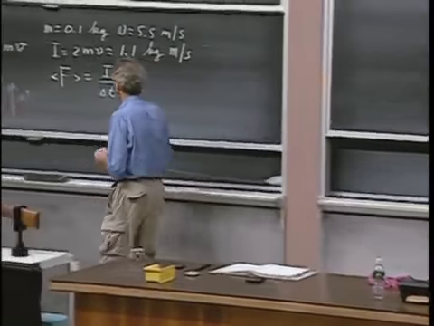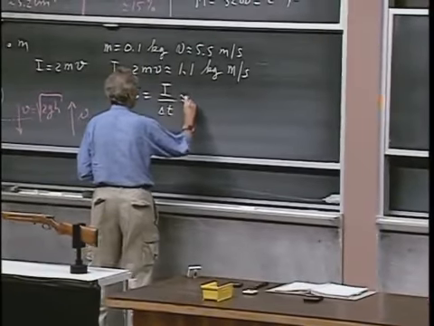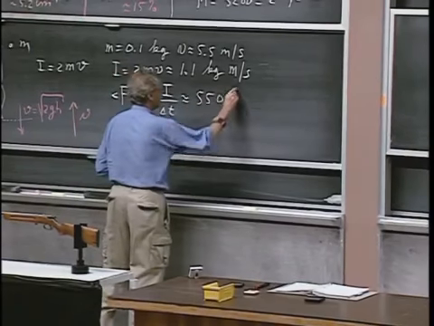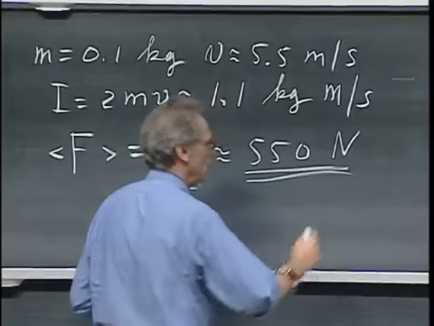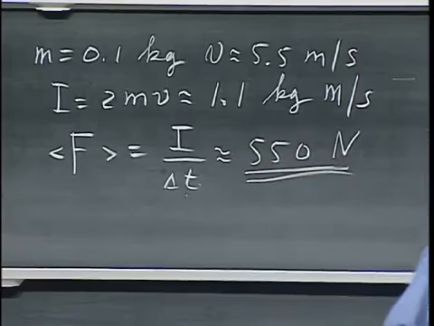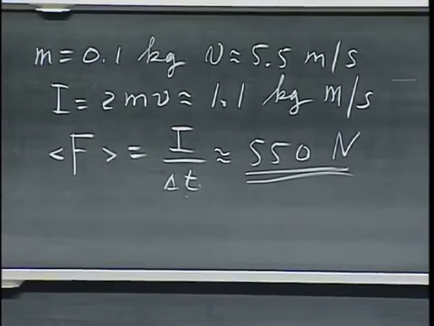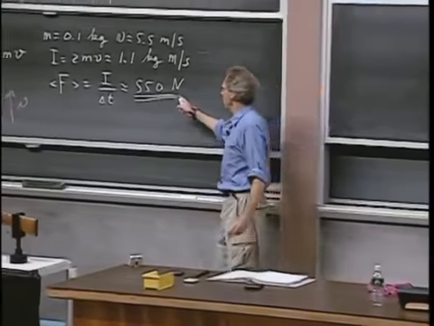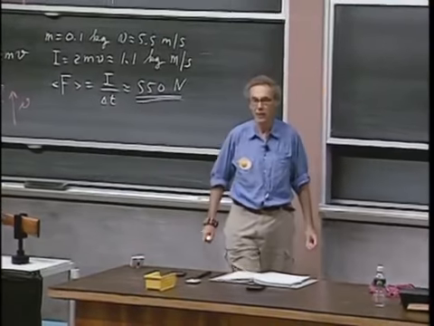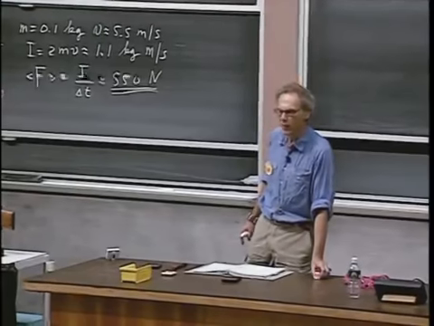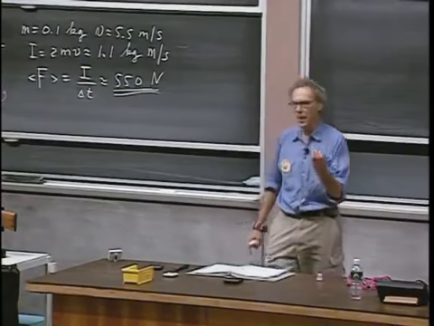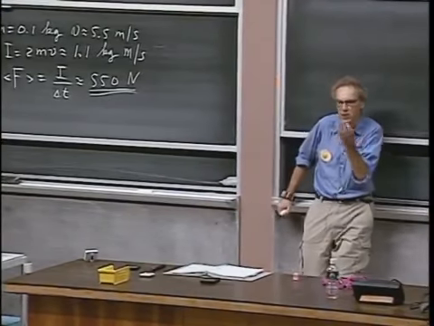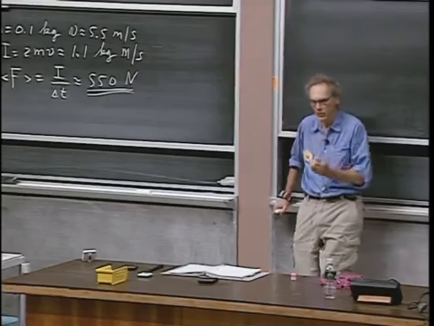If you substitute 2 milliseconds, you get for the average force 550 newtons. Just imagine, this ball has a mass of 0.1 kilogram. The weight is 1 newton. And during the impact, it weighs 550 times more. What an incredible weight increase. And the average acceleration that it experiences during the impact is 550 times g.